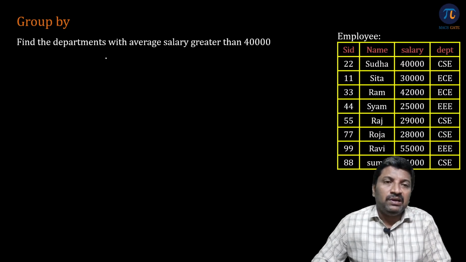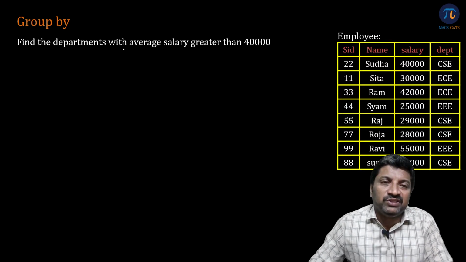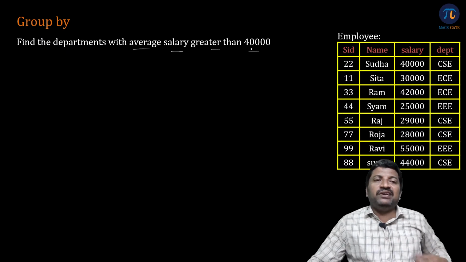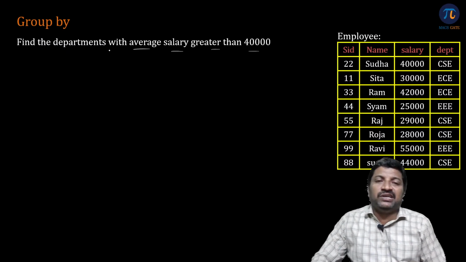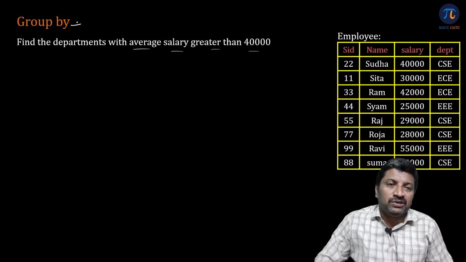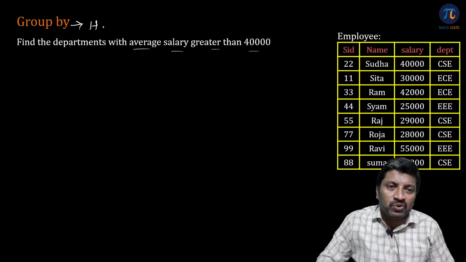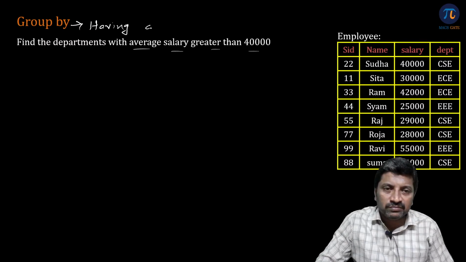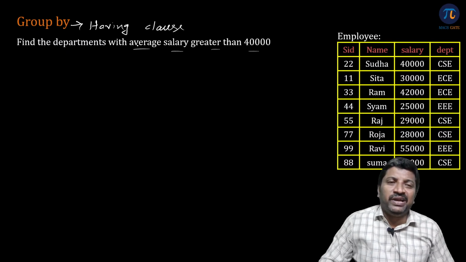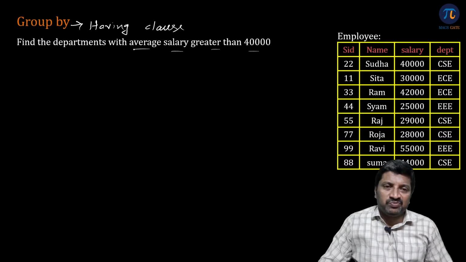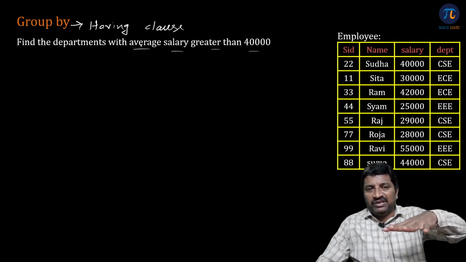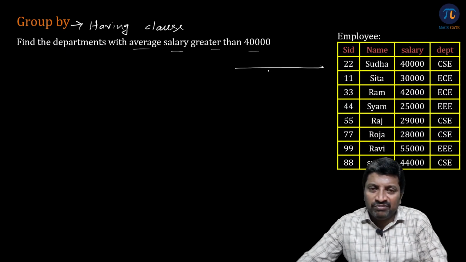The next one, find the departments with average salary greater than 40,000. So in addition to group by, we need to use having clause, because after finding the average, what will happen, sir?